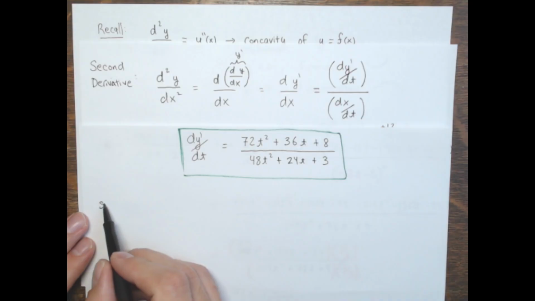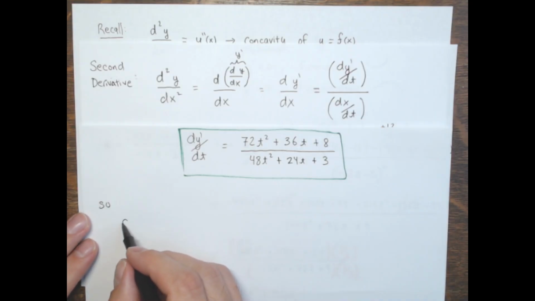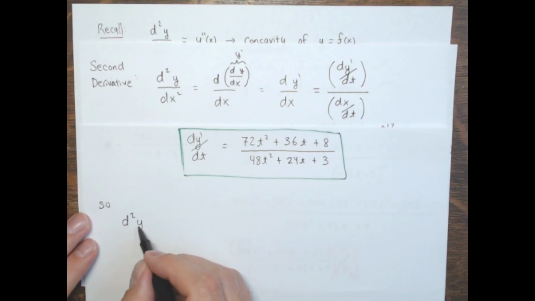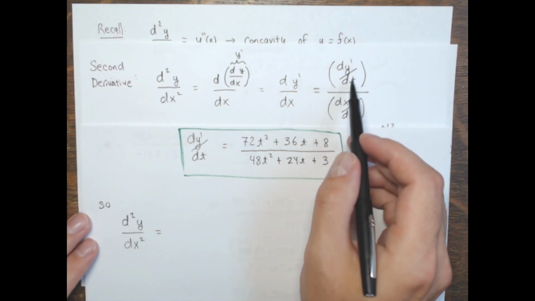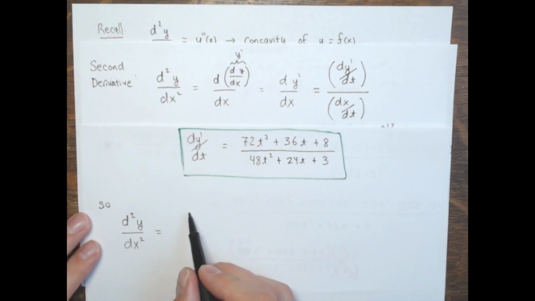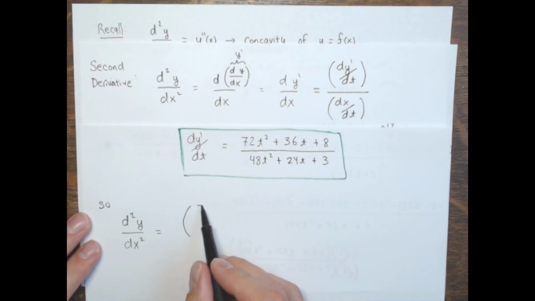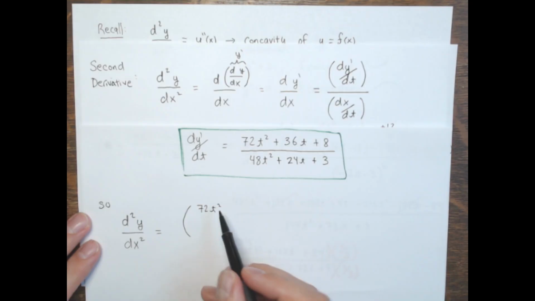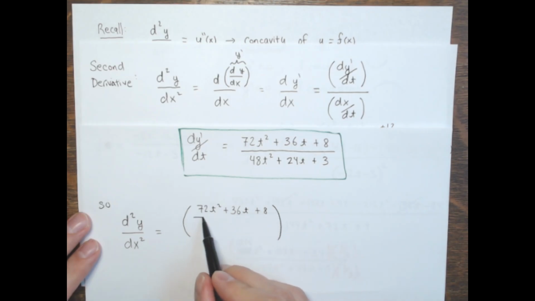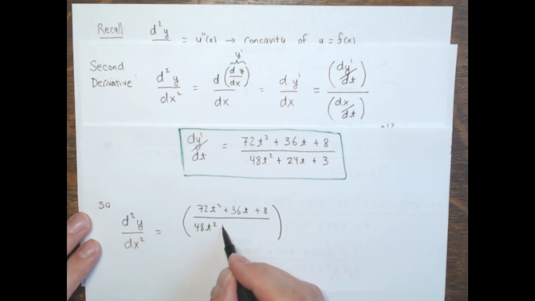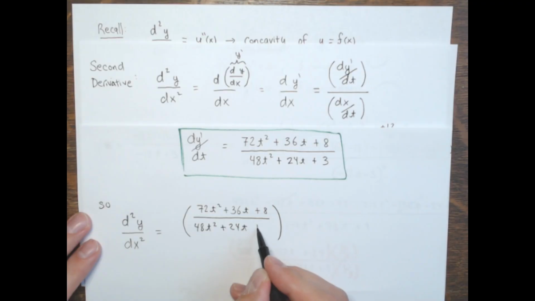All right, so our second derivative of y with respect to x is this dy prime over dt, this thing here. So I'll put it in parentheses, 72t squared plus 36t plus 8 divided by 48t squared plus 24t plus 3.